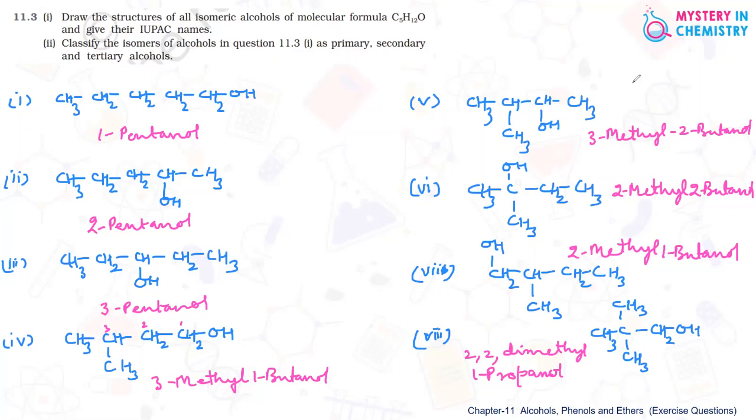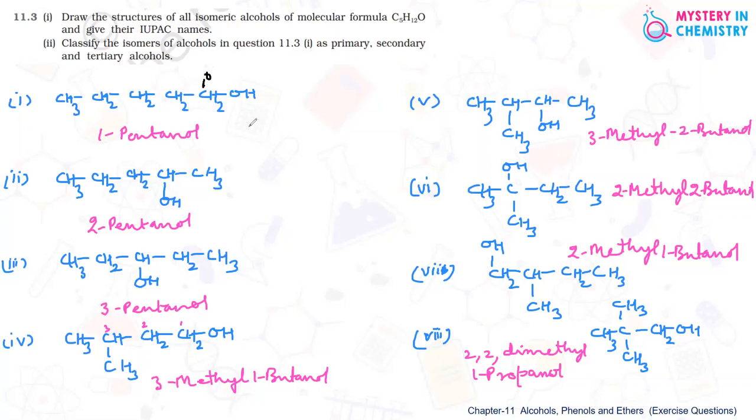Now come to the next part. In the next part, the question is: classify the isomers of alcohol in question 11.31 as primary, secondary, and tertiary. As you know, we have to see whether the carbon which is containing OH group is primary, secondary, or tertiary. Here this carbon is a primary carbon which is having OH group.